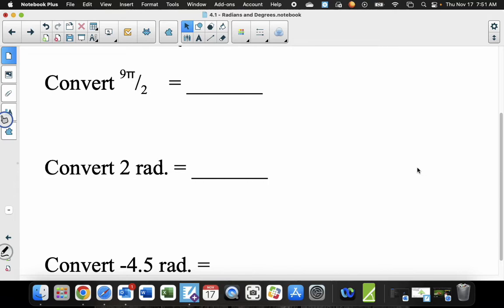What I will tell you on the 2 radians, just leave it as a fraction. Just leave it as a fraction. Okay, leave the pi.